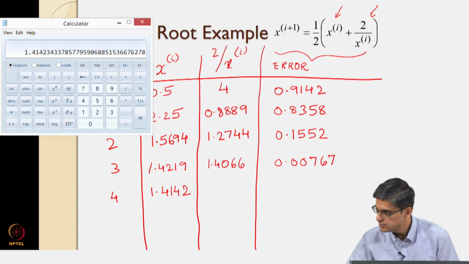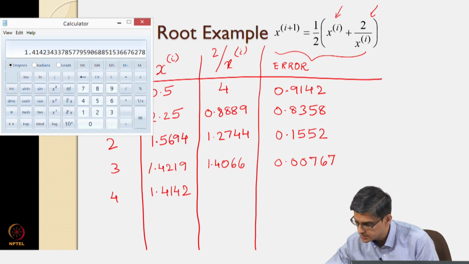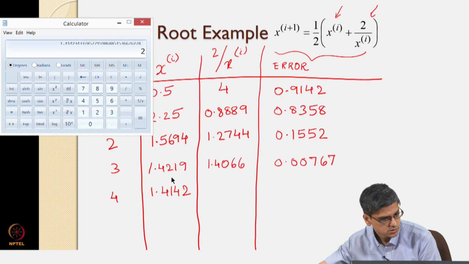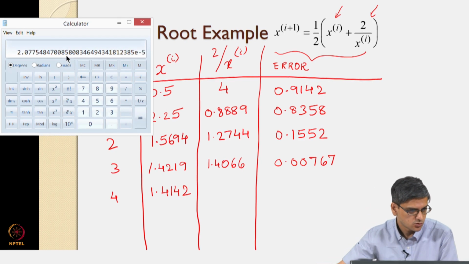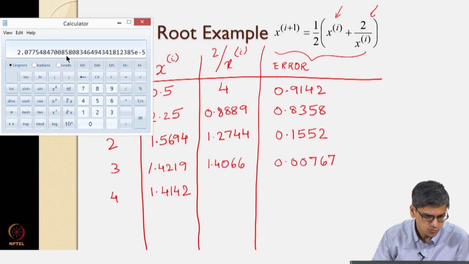We will also find the error, which is 1.4142 minus square root of 2, and the error is 2.078 times 10 to the power minus 5.